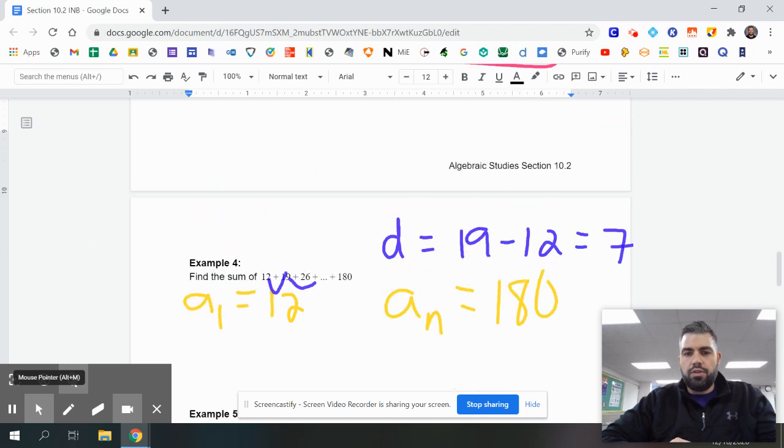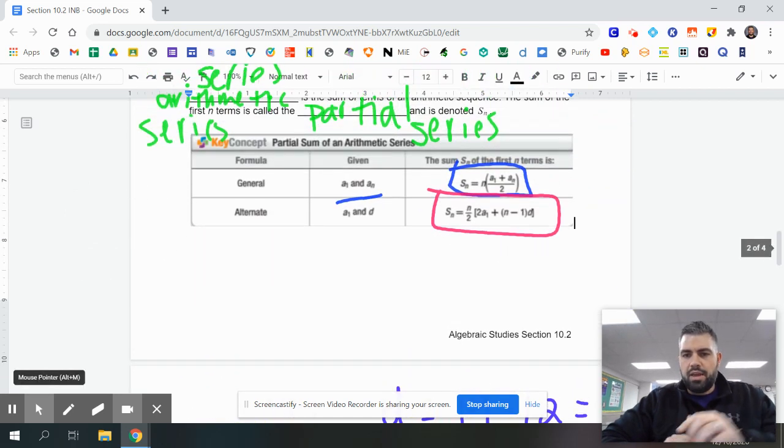The first formula that we had, we needed to know n, the number of terms, which in our case we don't know. We needed to know the first term and the last term. If I look at the second equation, I also need to know n. So I know for a fact I'm going to need to know how many numbers are in this sequence.